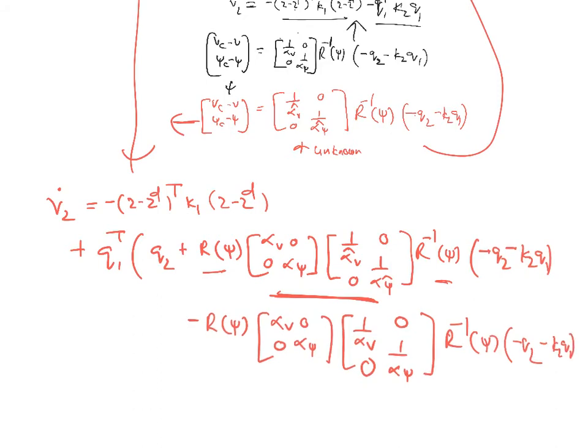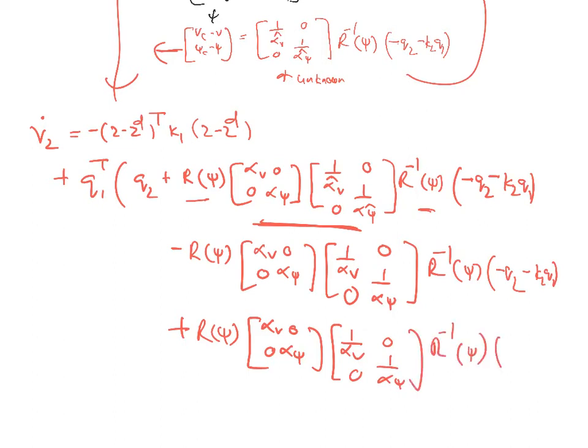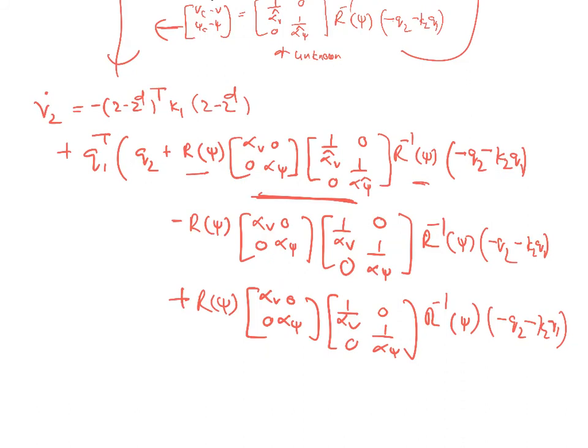So that's minus, right? I'm just adding a 0. R psi alpha V 0 0 alpha psi, 1 over alpha V 1 over alpha psi R inverse psi minus Q2 minus K2 Q1. So the idea is to get a difference between the real one and the estimated one, the difference between those two quantities.